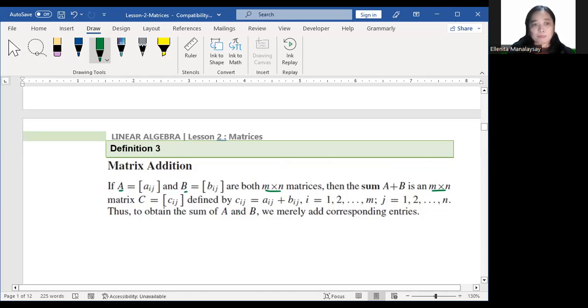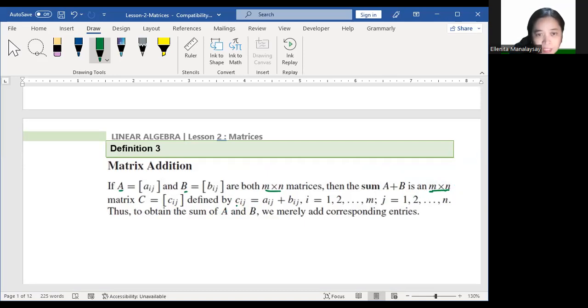Then the sum is another matrix. We will form another matrix, but that matrix will contain the same number of rows and the same number of columns. And an entry in this new matrix is given by adding the corresponding entries of matrices A and B.